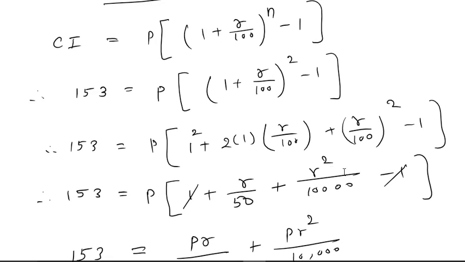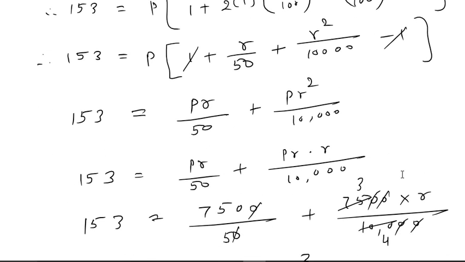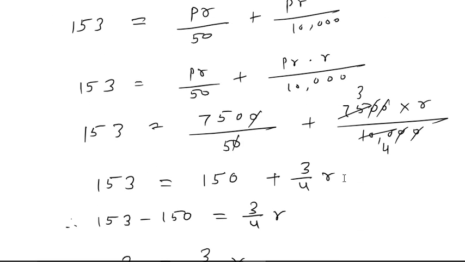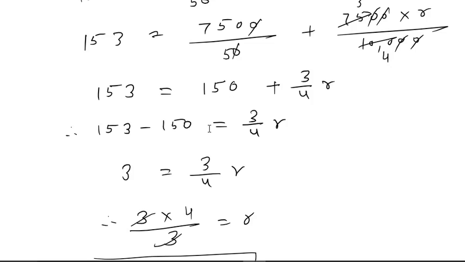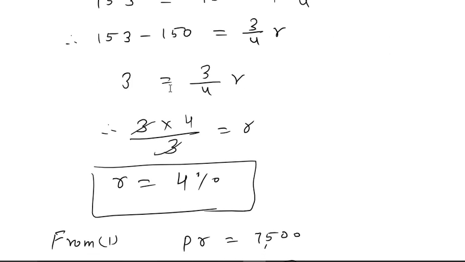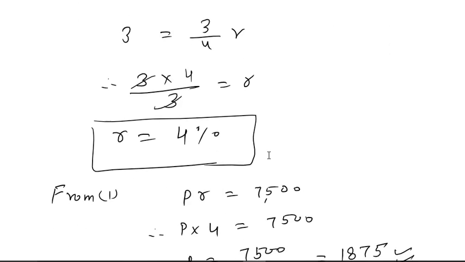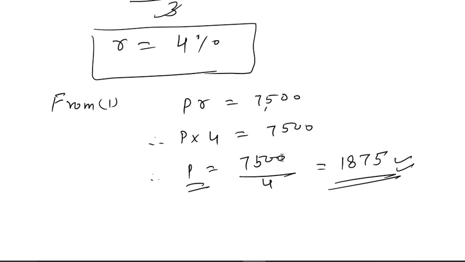There we simplified the expression, opened the bracket, and in place of PR we replaced 7500. Then we got a linear equation in terms of R. We solved it and got the value of R. Once we got the value of R, we found P from the relation PR equal to 7500. So this is how we got the value of P also.